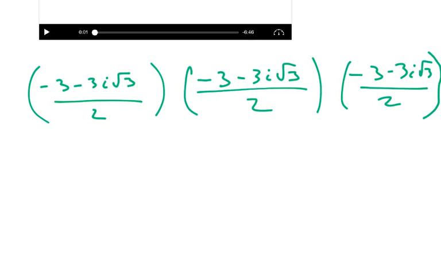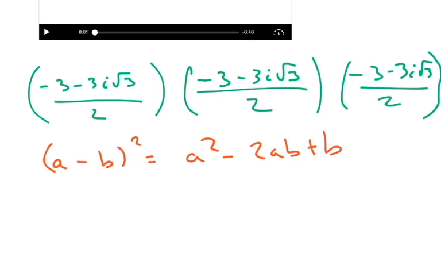I'm going to multiply them together. So what happens? Well, again, just like from before, you can look at it in a number of ways. Let me look at this as (a - b) squared, which is equal to a squared minus 2ab plus b squared.